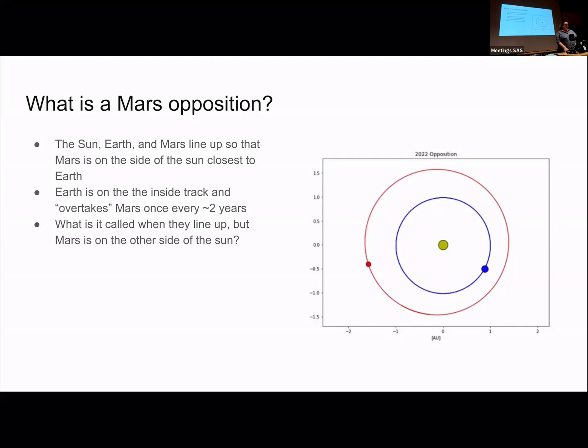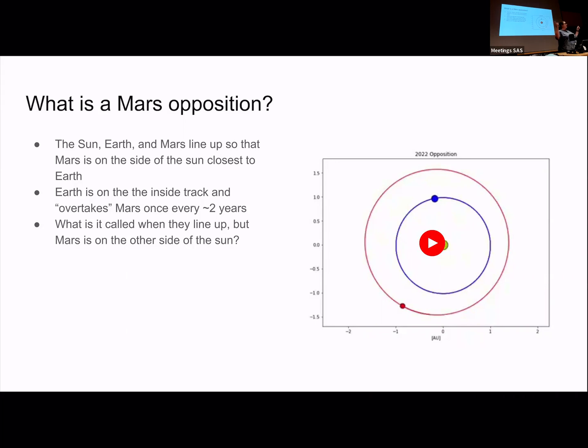But one question I wanted to see is whether or not y'all know what it's called when they're lined up on the other side, so Mars is on the opposite side of the Sun from Earth. Does anybody know what that alignment is called? No, so opposition is when Mars and Earth are on the same side of the Sun.